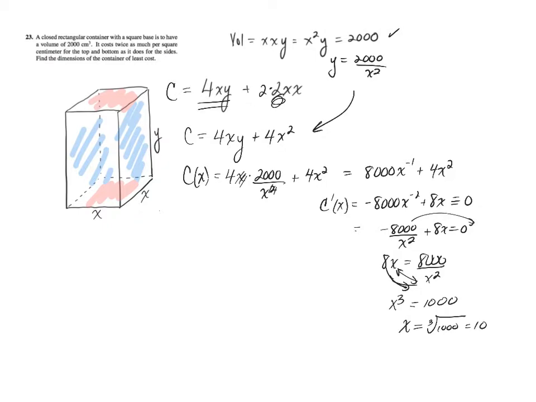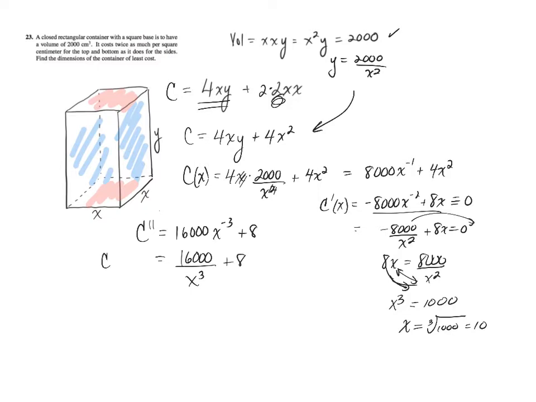So we've got a dimension for x. It would be nice to know that that is going to represent a minimum cost and not just a place where the cost function levels out. So I'm going to go with c double prime, use the second derivative test. So if we're looking at this for c prime, the second derivative would be negative 2 times negative 8,000, which is positive 16,000, x to the negative 3 plus 8, which of course is 16,000 over x cubed plus 8.